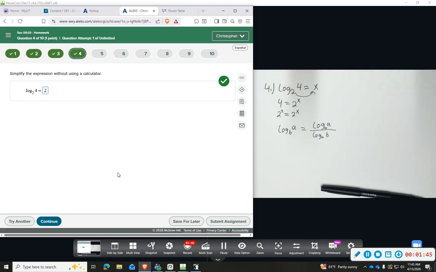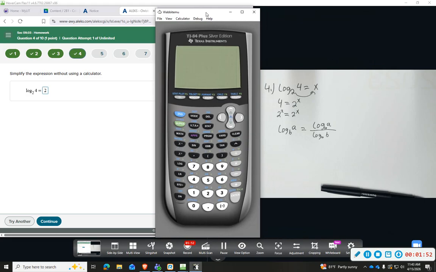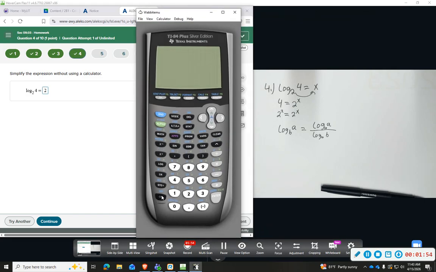You could also have a calculator that has an operating system, like this graphing calculator. Both of them can do this. So if I just type a regular log, it's understood base 10. It doesn't give me an option to change it. So I'll put log of 4, and then I will divide by log of 2. Okay, so this is log base 10 of 4 divided by log base 10 of 2.